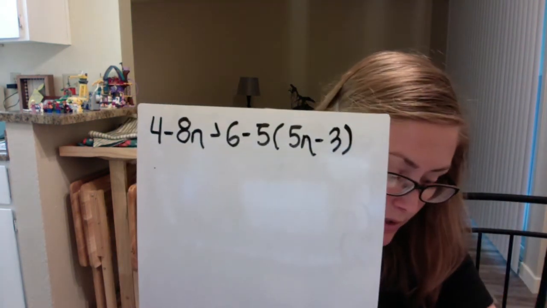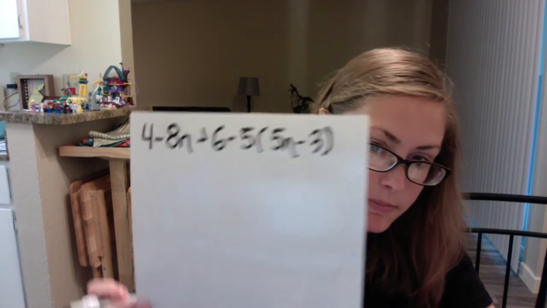We're going to start by subtracting 6 from both sides. That gets us negative 2 minus 8n is greater than negative 5 times the quantity of 5n minus 3.